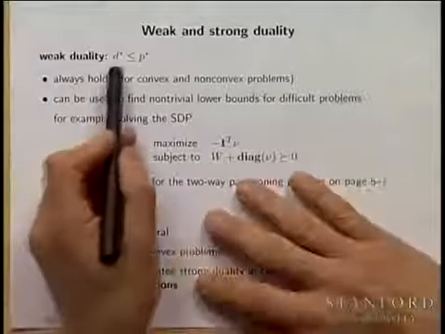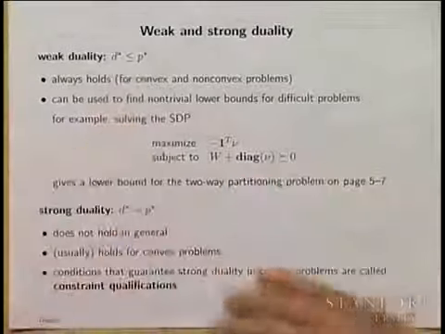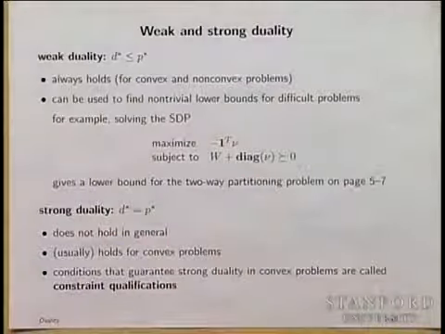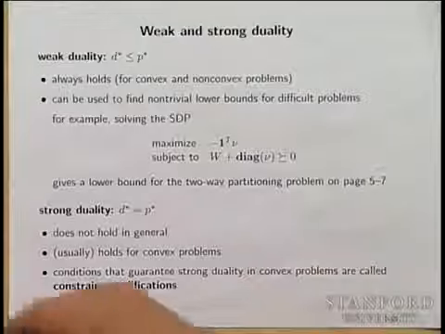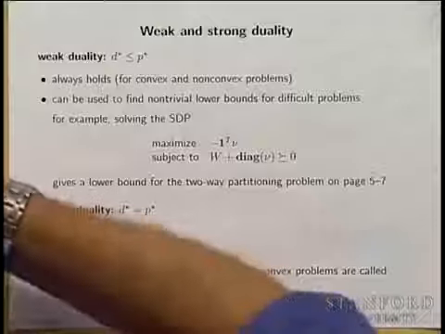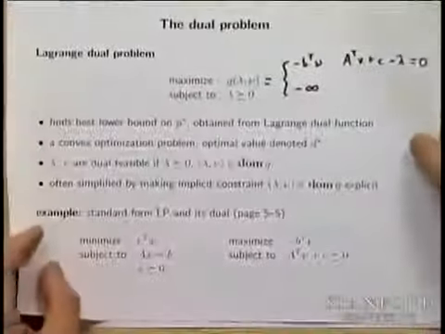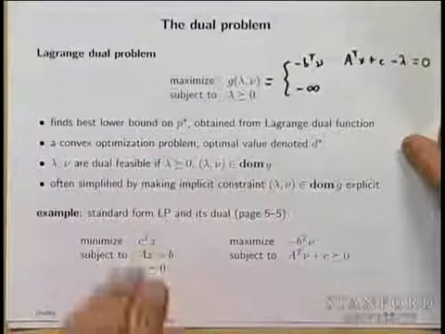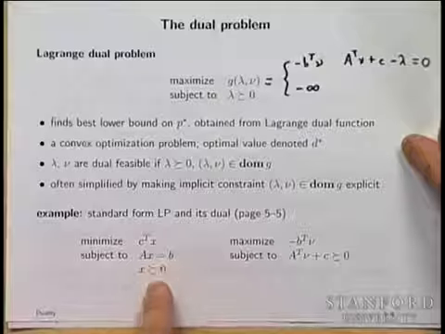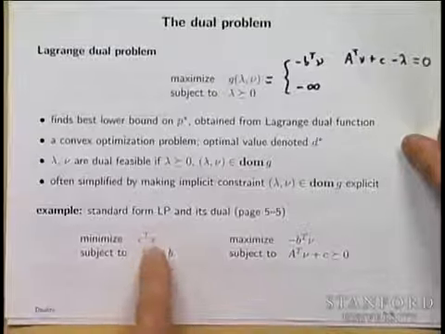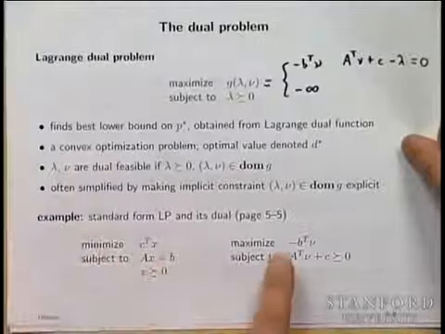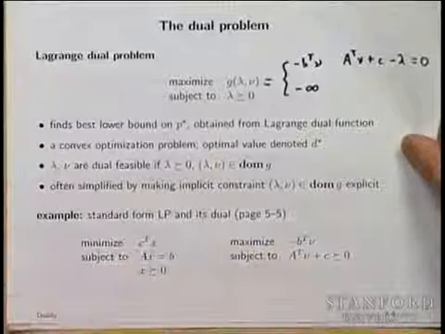So now we get to the idea of weak and strong duality. Weak duality says that D star is less than P star. Now here, let me say how this works. In this context, the original problem is called the primal problem, and the Lagrange dual is then called the dual problem.